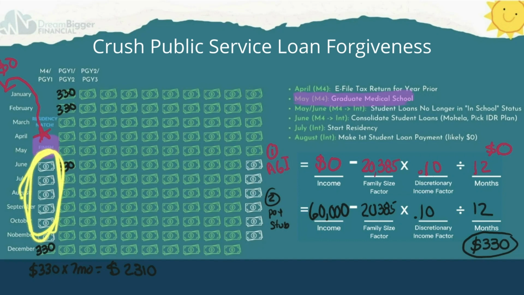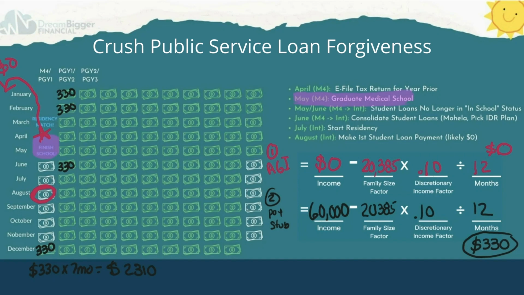So if you follow the schedule religiously, and as soon as your loans flip out of in-school status, after filing your public service loan forgiveness application, your first payment would be sometime around August based on the time that it takes to process your application.